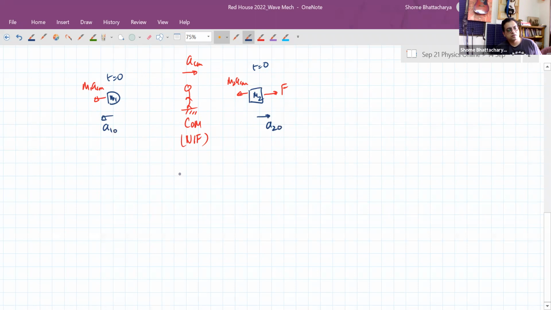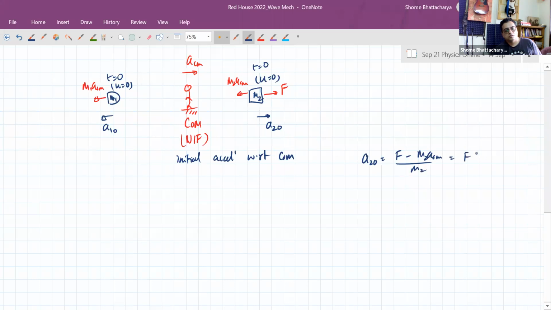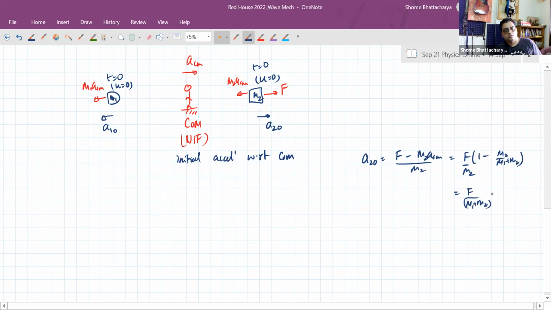And write this as initial accelerations with respect to center of mass. So this is this one's acceleration.